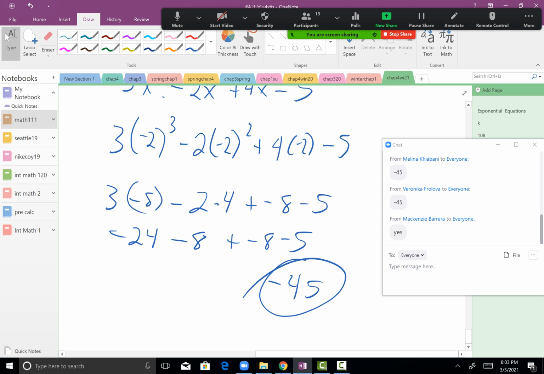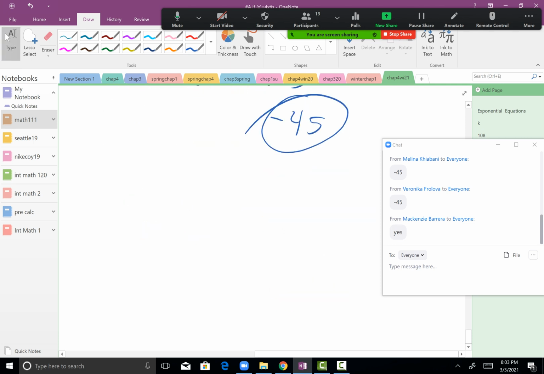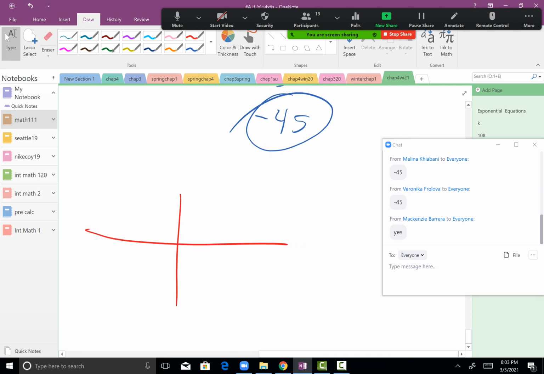Okay. So there's another thing in there. I believe they're calling that the intermediate value theorem. We'll talk about that.